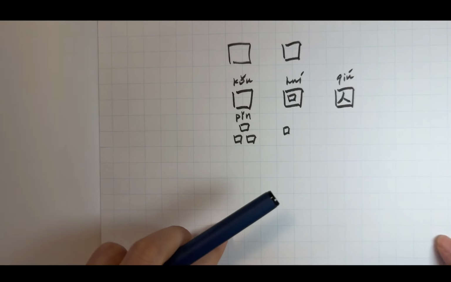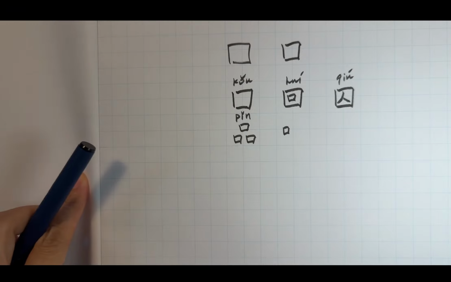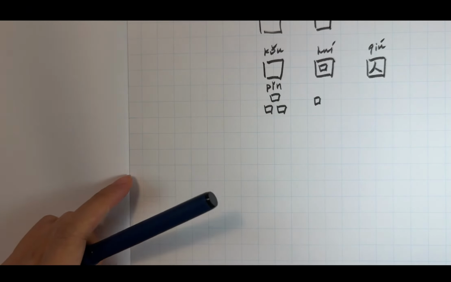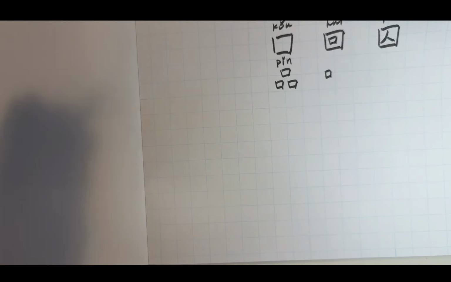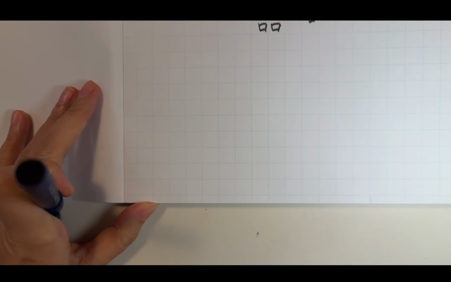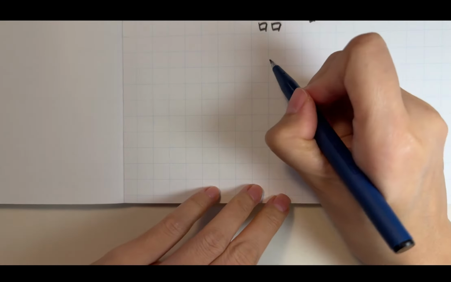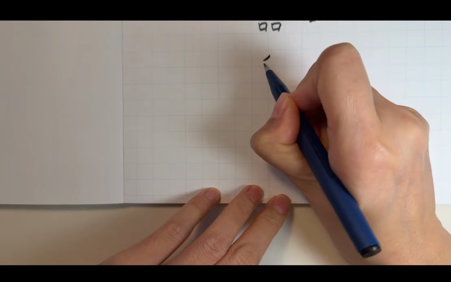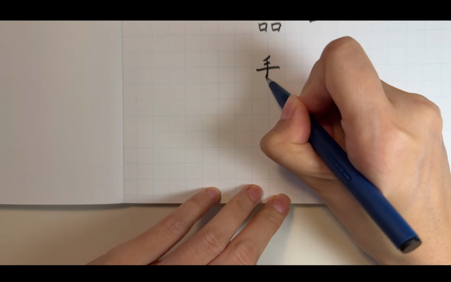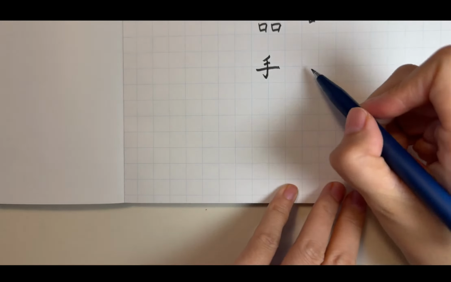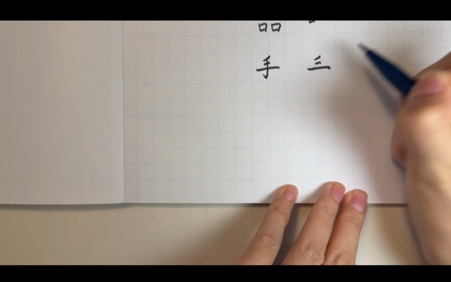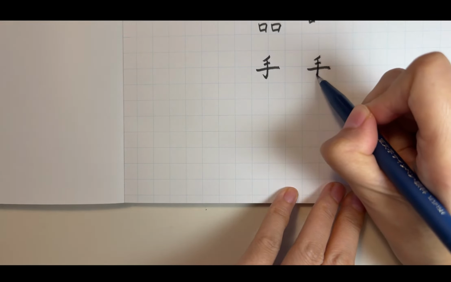Okay, let's see how to write them. 手 starts with three strokes, so again one, two, three, and then followed by this.